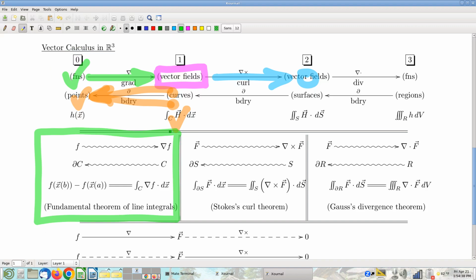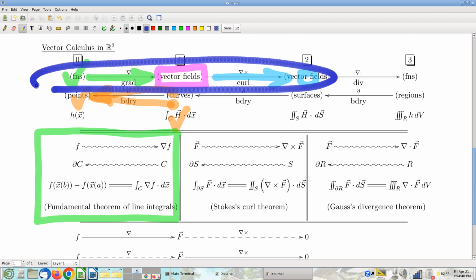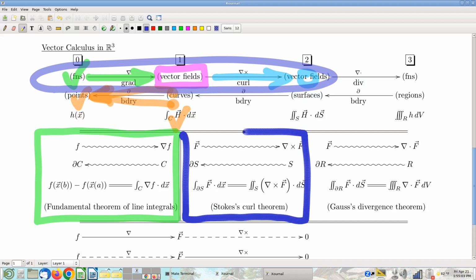You do have to actually find that anti-gradient, but nevertheless, that's an option on the table. And then now let me ask this question: where does this relationship come from? How do we know that curl being 0 is a giveaway of the vector field being a gradient? Well, we made an argument, the key tool of which was Stokes' curl theorem.